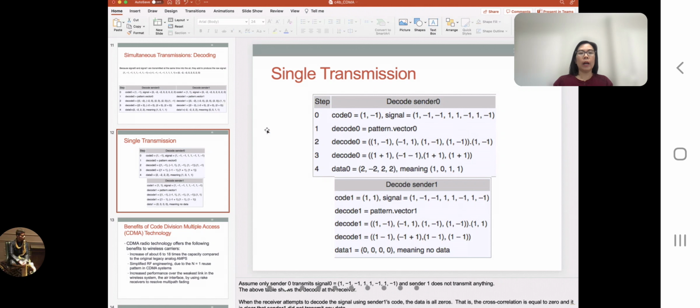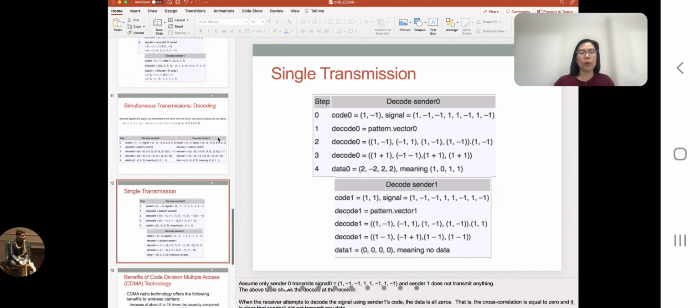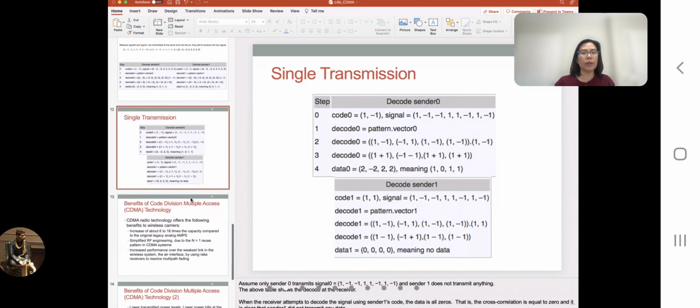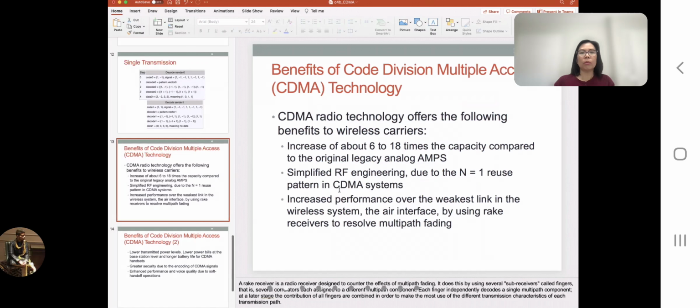And that's how senders can send data using orthogonal codes with synchronous CDMA, and how a receiver can decode a signal to get the original messages back from different senders. There are benefits of CDMA technology.